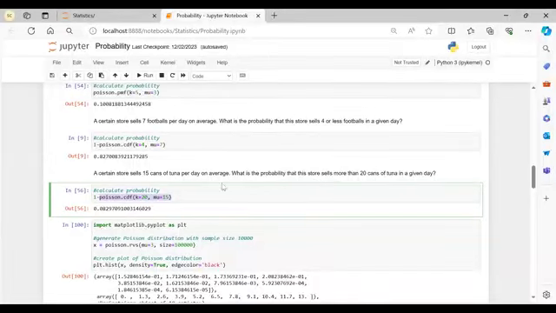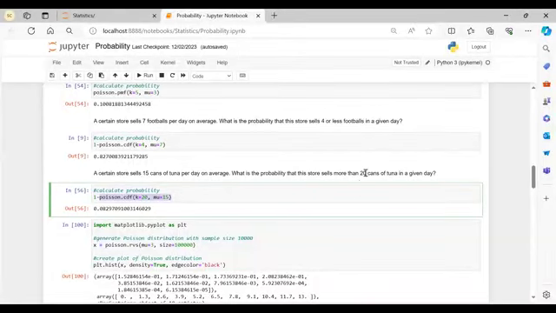So if I want to find out on the right side, greater than a certain value, whenever we have to calculate the probability of greater than, then we will first calculate the probability on the left hand side, which is lesser than, and then subtract it from 1, to find out the right hand side of the probability.